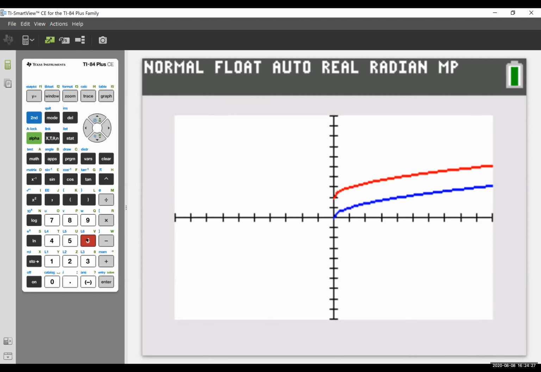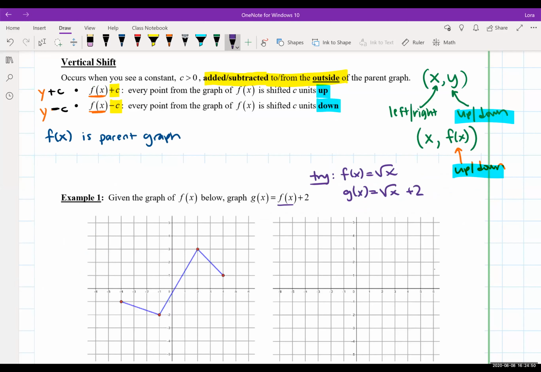So let me zoom it to standard, because maybe my previous function didn't have anything. And we see right away that our original function in blue is the square root of x. And it looks like the red has moved in what direction? And if you said up, you are right. So just a quick concrete way to help us think a little bit harder about these particular abstracts. So that gives me a huge clue about the plus 2 part.